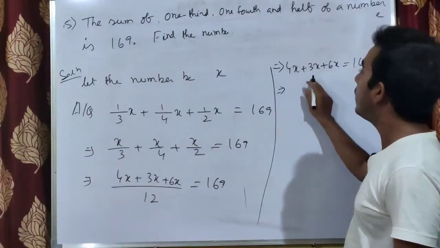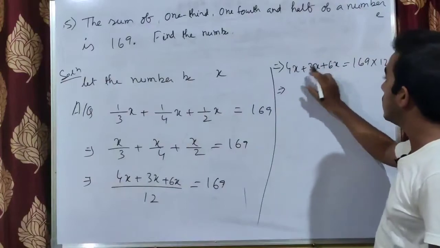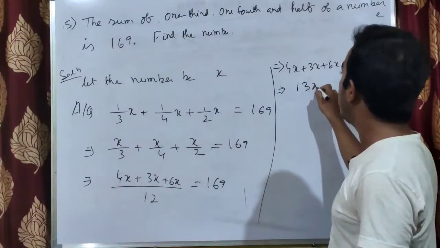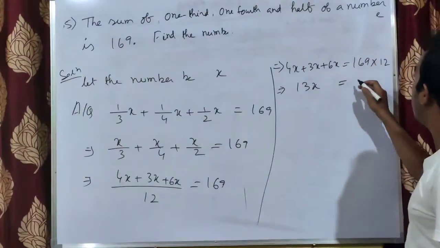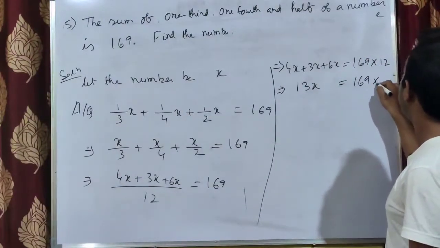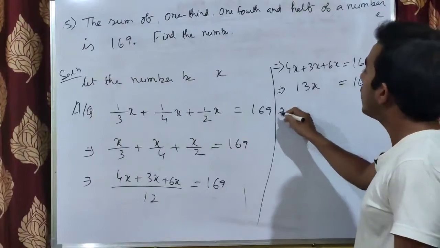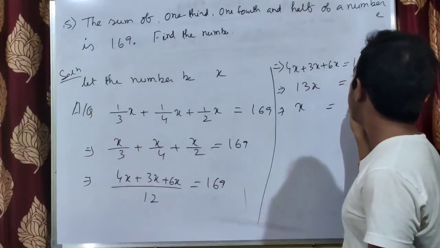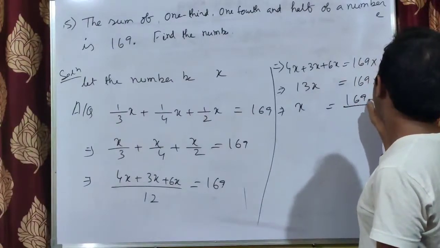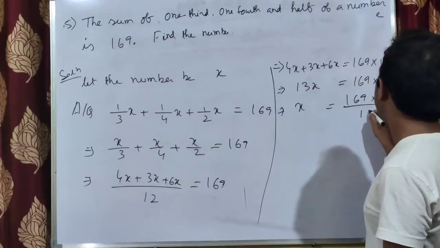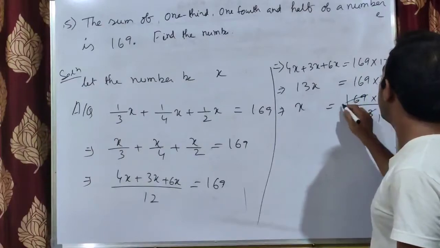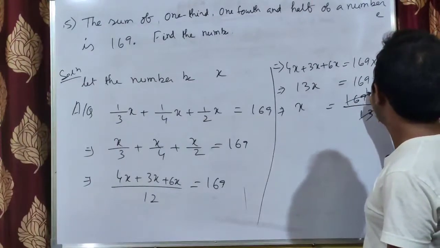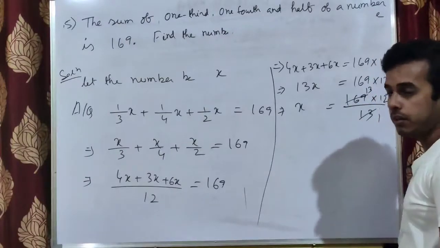Then 4 plus 3, how much? 4 plus 3 is 7, 6 plus 4 is 10, 10 plus 3 is 13. 13x equals 169 into 12. Now here 13 is multiplied with x, so when we change the side, it will get divided. So 169 into 12 divided by 13, then 13 1s are 13 and 13 13s are 169, right?